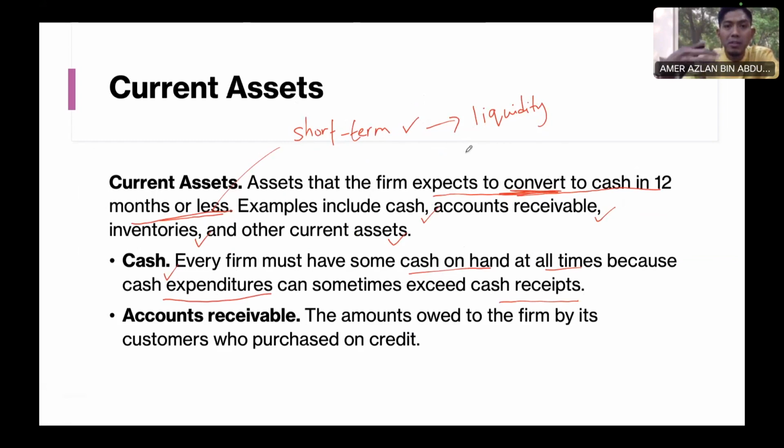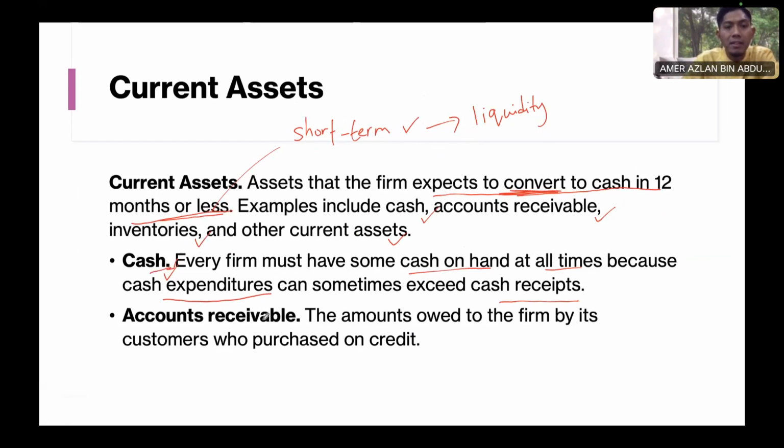There are a lot of expenditures to be paid every month, but some companies don't receive money during that particular time. So that is why cash is very important. It can also serve an emergency purpose. If something bad happens and they need to pay urgently, the company has sufficient cash. So cash is very important.